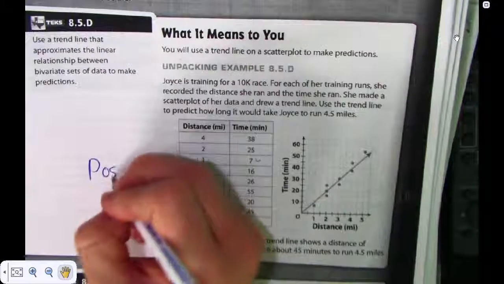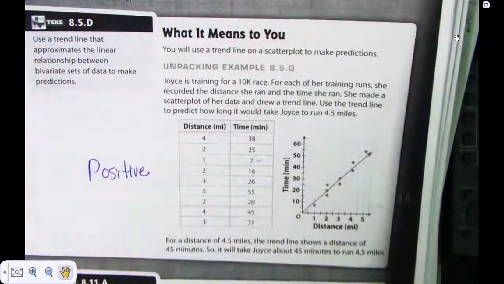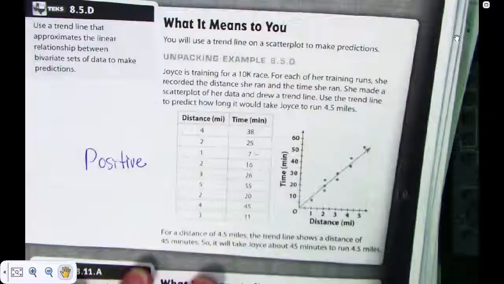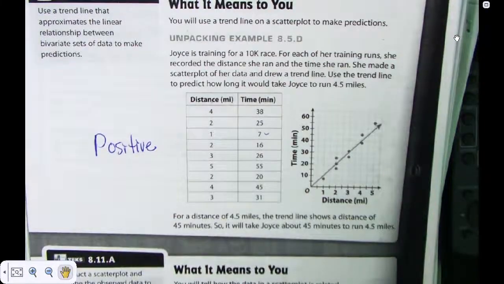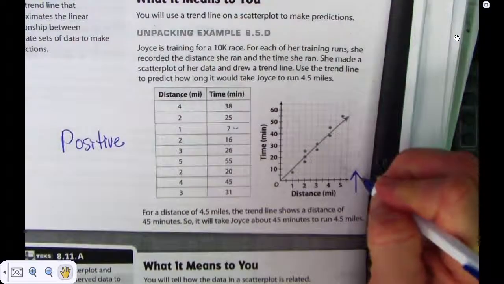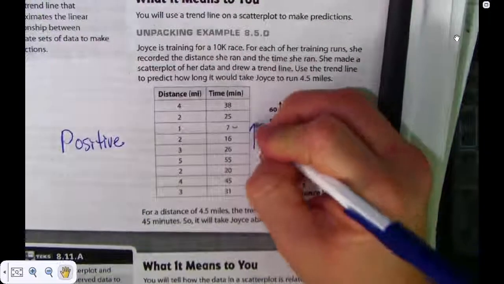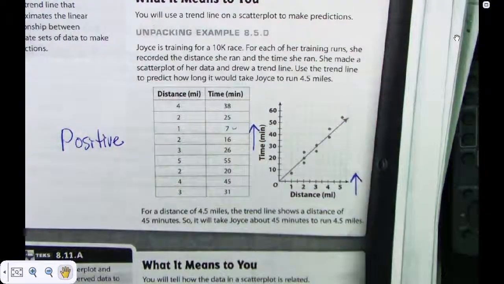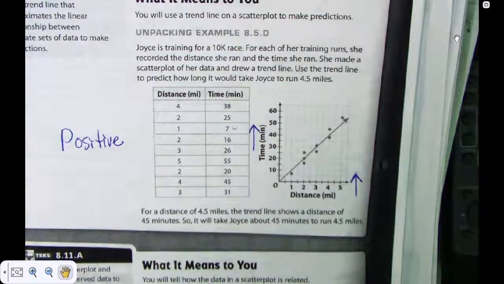So this is a positive trend, or relationship, or association. They call it 3 different things. On page 394, because the more miles she runs, the longer it's going to take her. That's a no-brainer to me. So that's what I'm saying. I'm not crazy about this graph, but it is what it is.